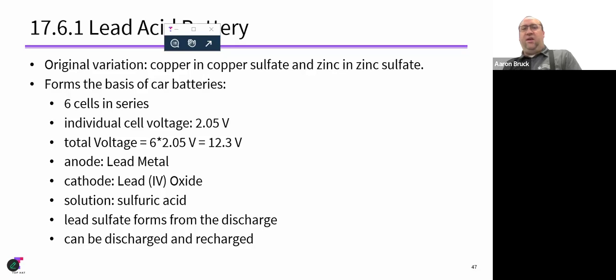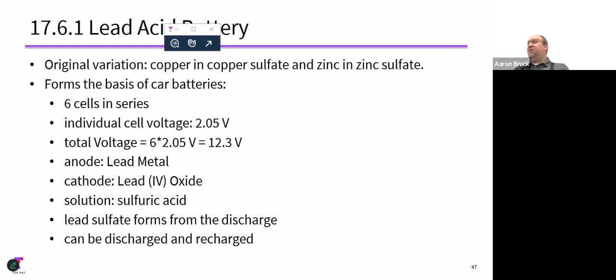Now, the first variation of the lead acid battery was, more or less, a voltaic cell, a copper and copper sulfate, zinc and zinc sulfate separation. But what now exists in most car batteries is a series of 6 cells that are in series with each other. And each cell has a voltage just over 2 volts.